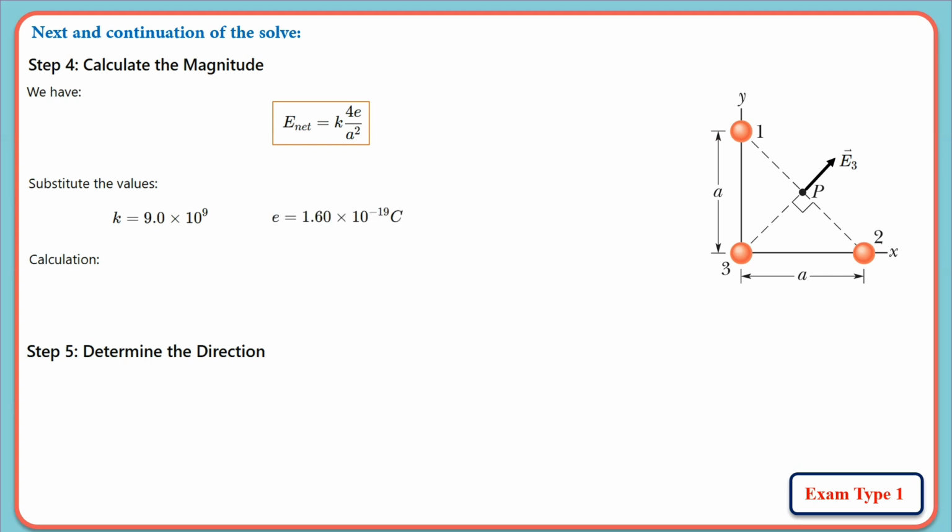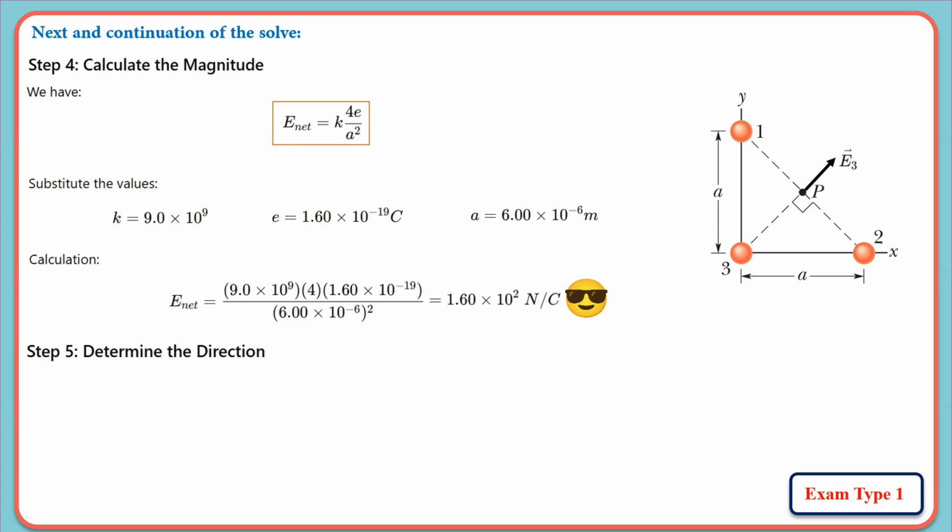The elementary charge e equals 1.6 times 10 to the power minus 19 coulombs. And the distance a equals 6 micrometers, or 6 times 10 to the power minus 6 meters. Substituting everything into the equation gives the final result: E net equals 1.60 times 10 to the power 2 Newton per Coulomb.